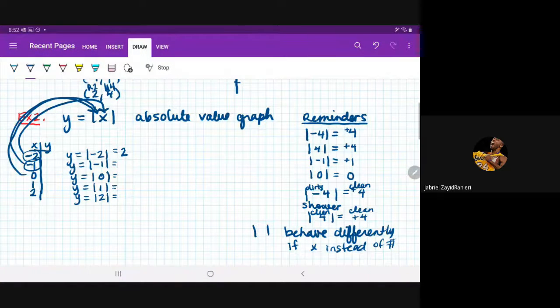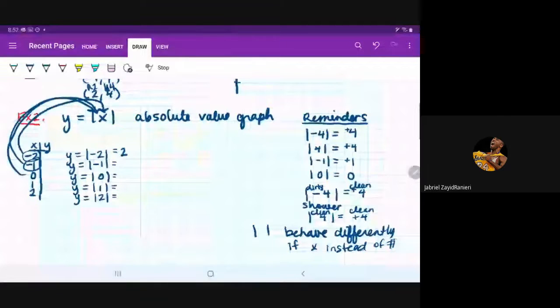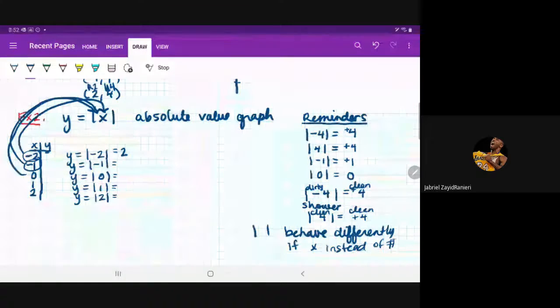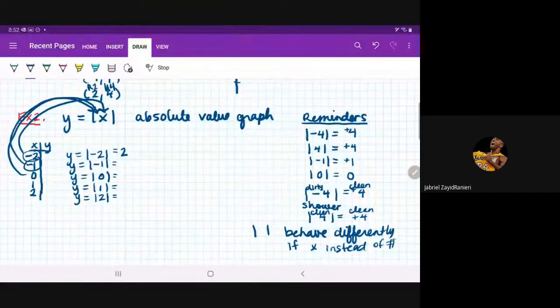It's the same exact number but positive. And don't worry if you get it wrong. Remember, we learn from our mistakes.